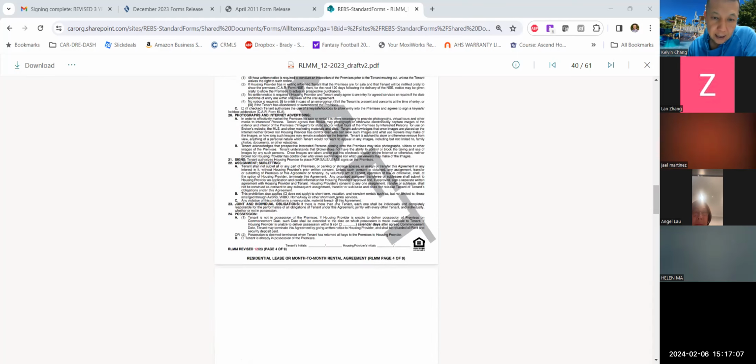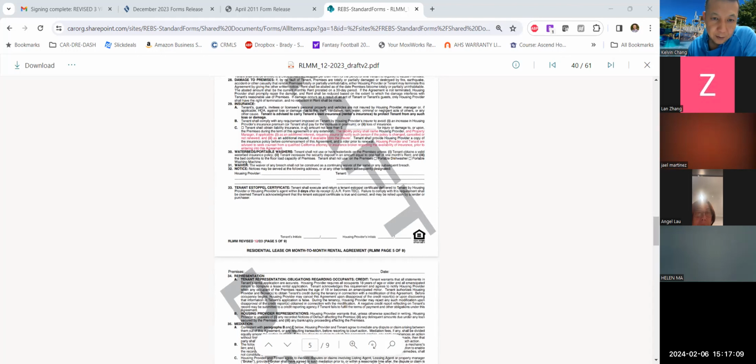And if you look down here, there's some red language. Insurance. Tenant shall obtain liability insurance at no less than X, and it shall name the housing provider and property manager, if applicable, as an additional insured, basically to protect the landlord and property manager.